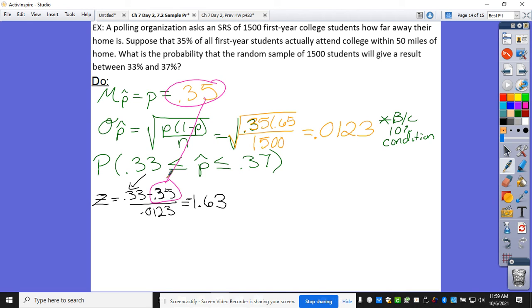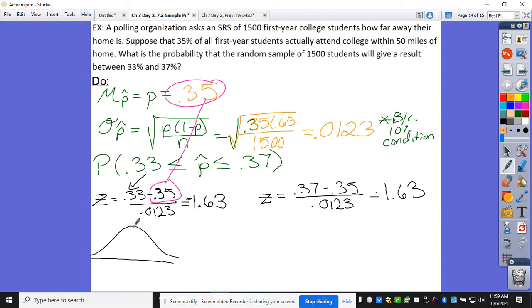But why don't we do a 37? I'm also going to do a 37.